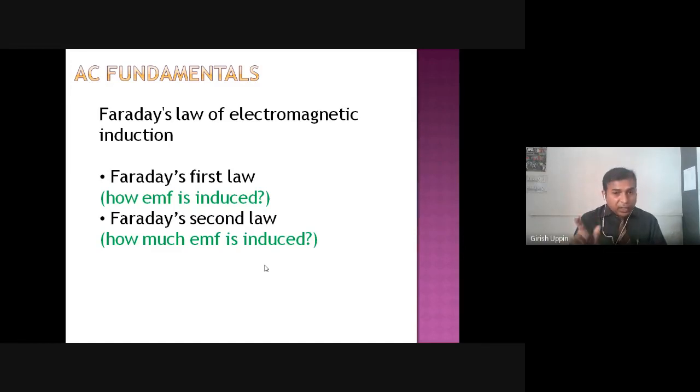If the rate of change of flux is very high, then a high amount of EMF is induced. So what is Faraday's second law? The magnitude of the EMF induced in a coil or a conductor is directly proportional to the rate of change of the flux linkage.